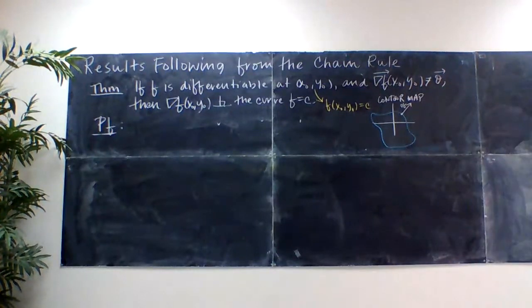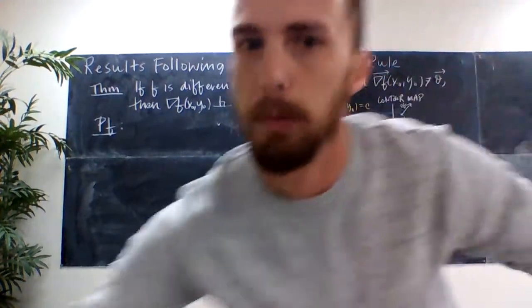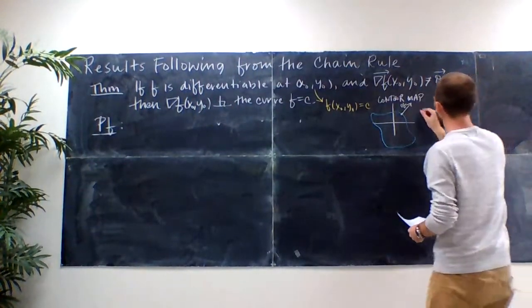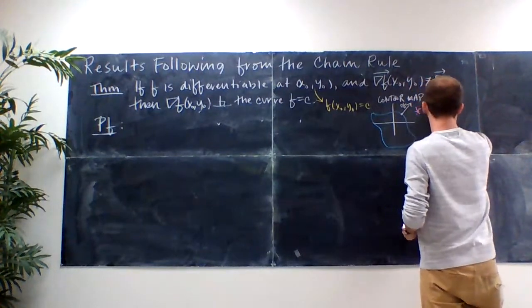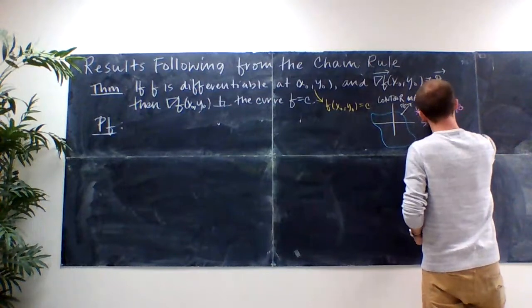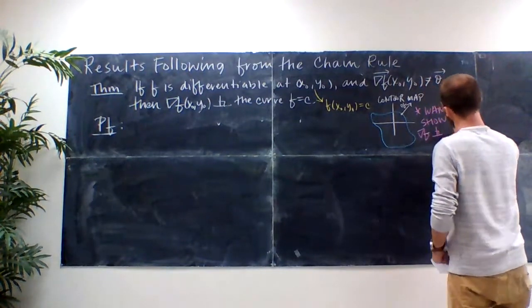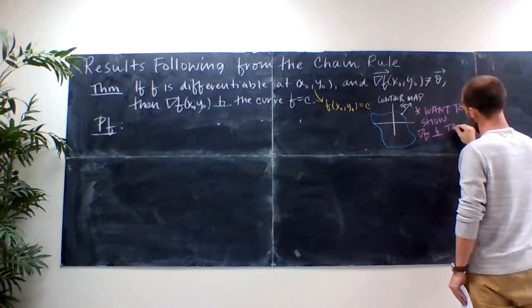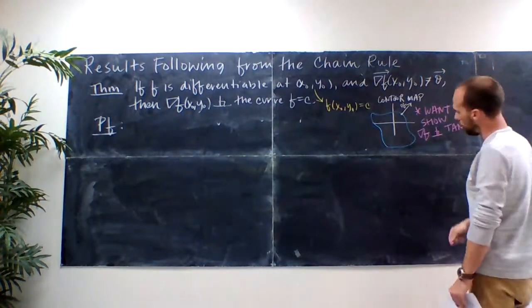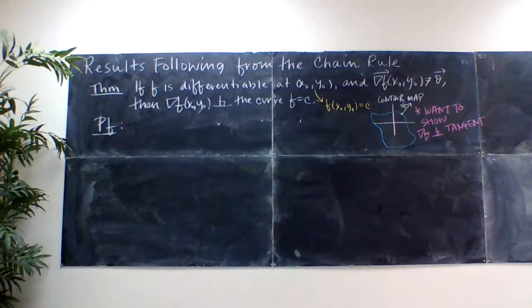So I am hoping to show that gradient f is orthogonal to a tangent line to that level curve. That's not going to be very difficult.